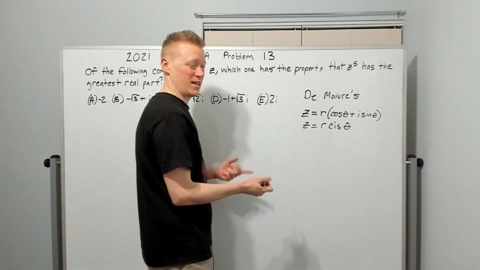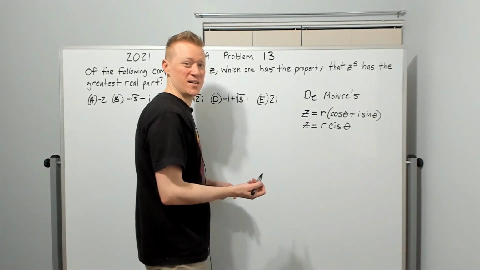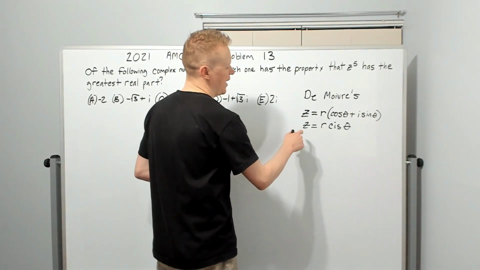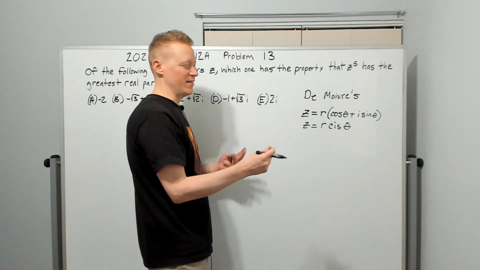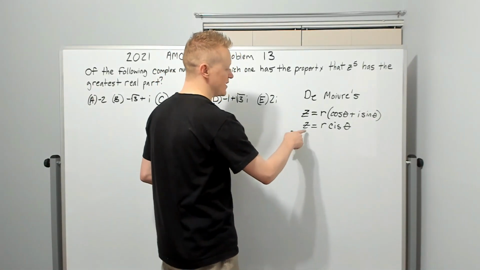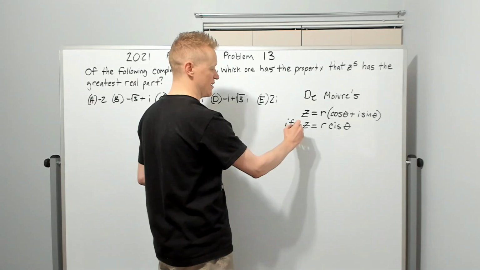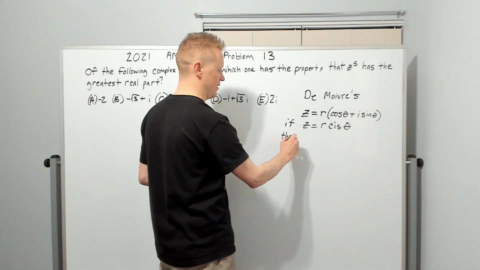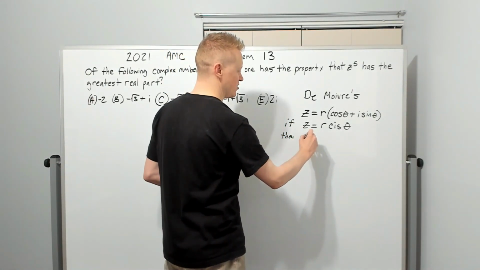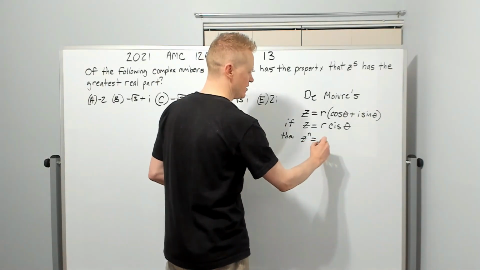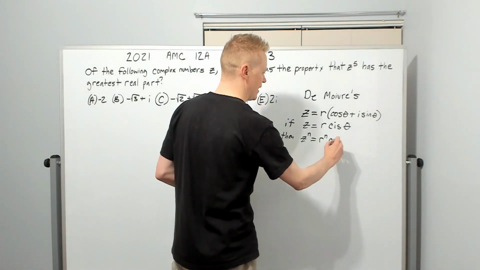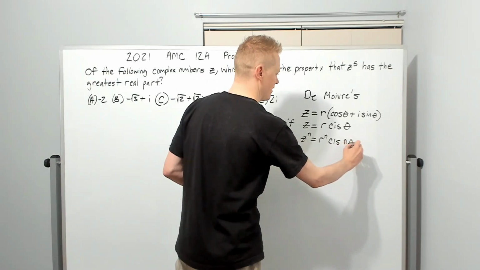It adds up over your life. You could have an extra 5 minutes by the time you're 70 or something. All right, anyways, take it to a power now. If this is true, then you would have z to the nth power is going to be r to the nth cis n theta.